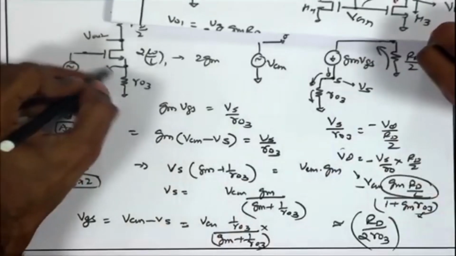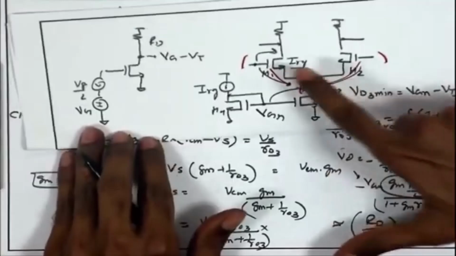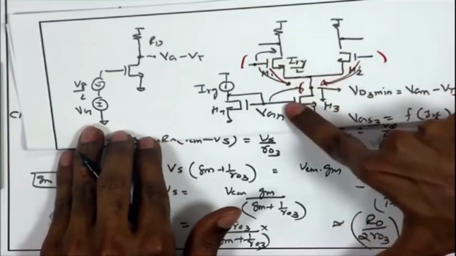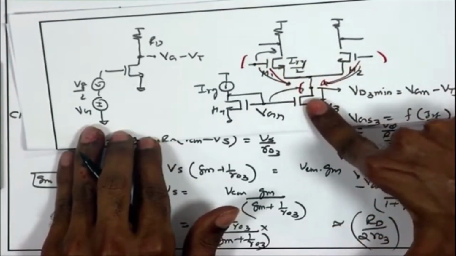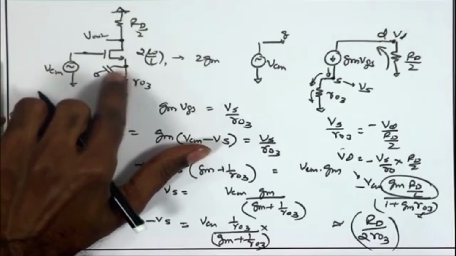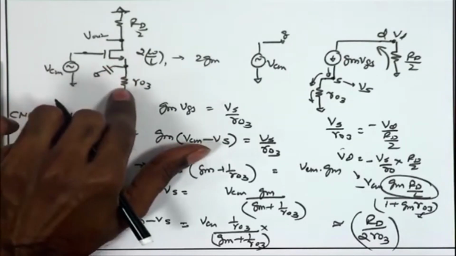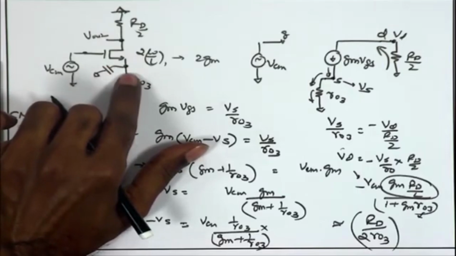You are having some parasitic capacitance between this node and ground, which is resulting from several transistors, M1, M2 as well as M3. If I make M3 very large, once again this parasitic capacitance will go on increasing, and at higher frequencies the combined impedance of this parasitic capacitance and Ro3 will drop. As a result, the common mode rejection ratio will drop. So, there are trade offs.